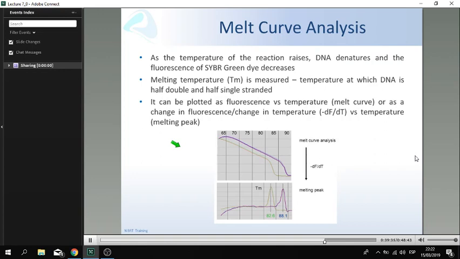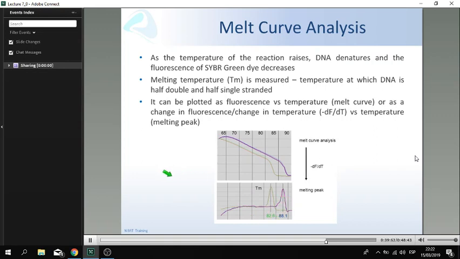And then you can plot this melting curve as fluorescence versus temperature, so you get this melt curve. But what we actually do is take the first derivative of the change in fluorescence over the change in temperature, and we get melting peaks.